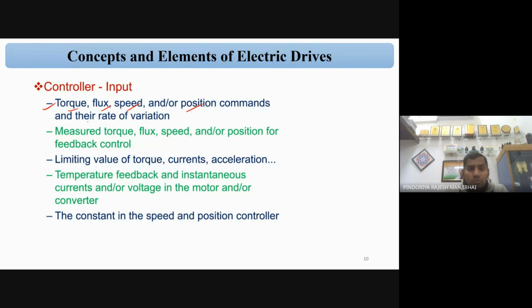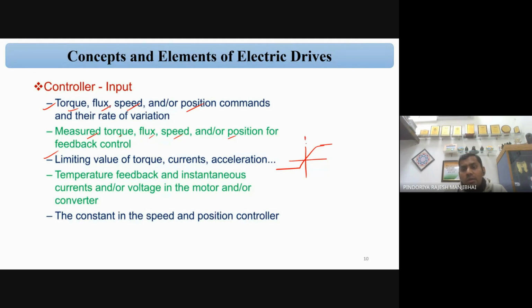Okay, measure the torque, obviously. Suppose you want to control the torque, then you have to measure the torque, flux, speed, and rotor position, correct? So that is your feedback. Okay, limiting value of the torque. Yes, we have to put a limit, so we have to give some saturation point.